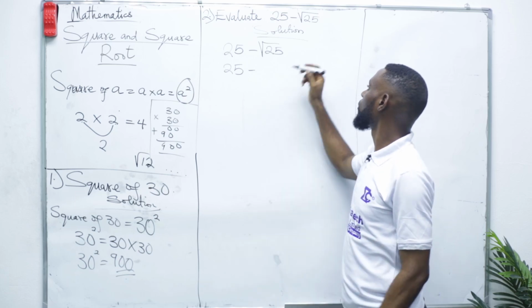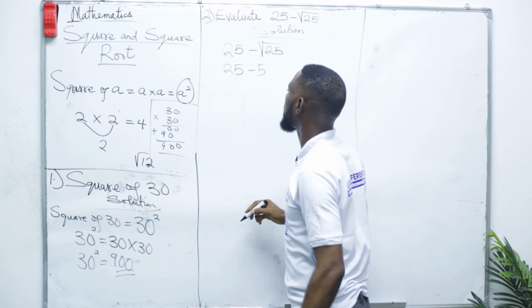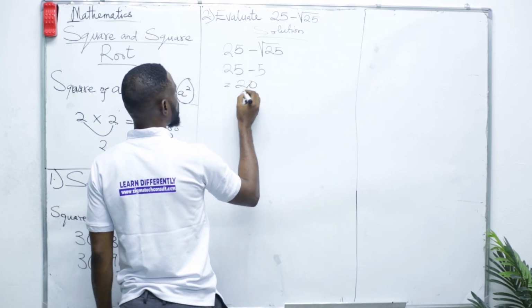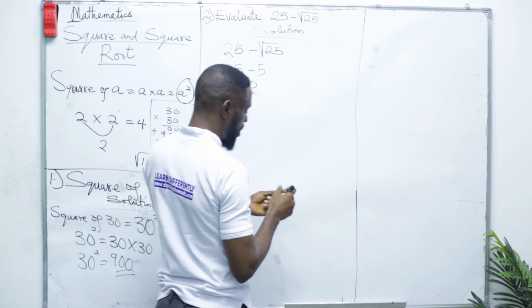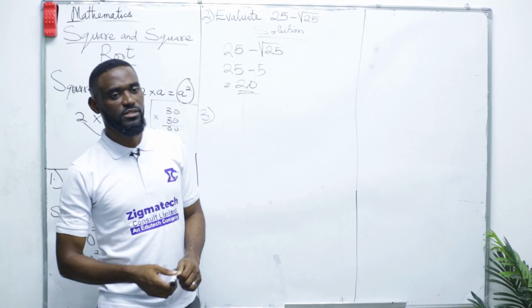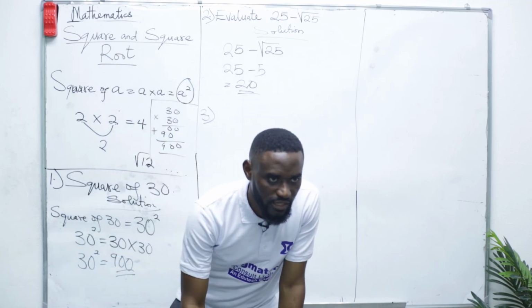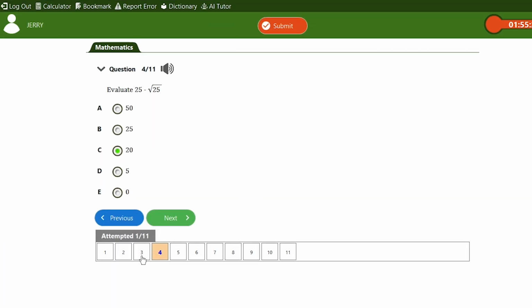So this is 5. It means that this is equal to 20. So square root of 25 is 5, and 25 minus that 5 gives us 20 as the answer.